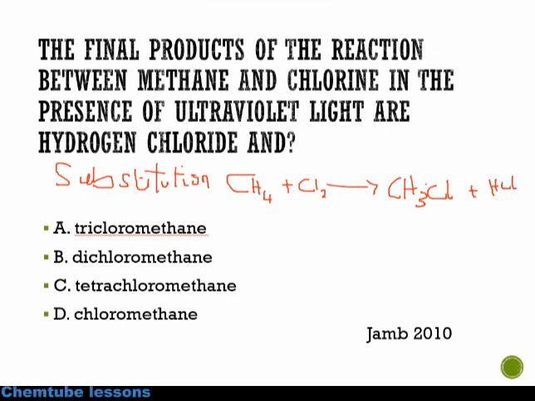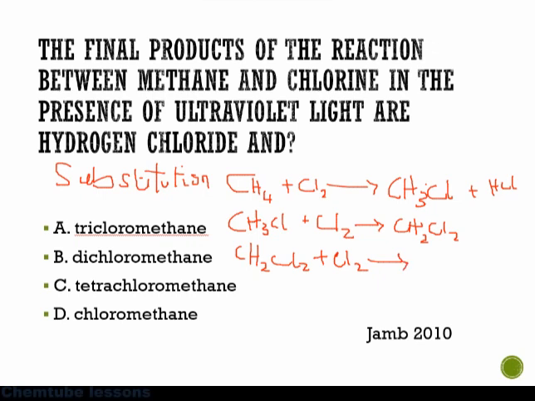So the product, the chloromethane, would continue to the second phase of the reaction, okay, reacting with chlorine gas, and then it will give us dichloromethane, which is CH2Cl2. So 2 hydrogens have been replaced by 2 chlorines. So the dichloromethane would continue the reaction, okay, to give us trichloromethane.